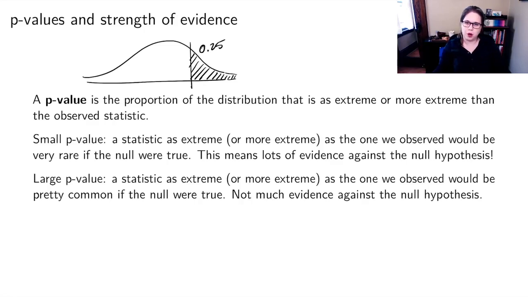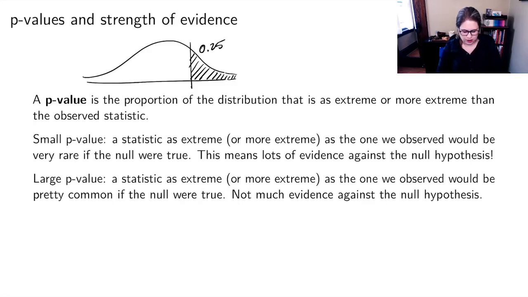So if we have a small p-value, that means that a statistic as extreme or more extreme as the one we observed would be very rare if the null hypothesis were true. And that's going to give us a lot of evidence against the null. Versus if we have a large p-value, that means a statistic as extreme or more extreme is pretty common if the null is true. And that would give us not much evidence against the null hypothesis.